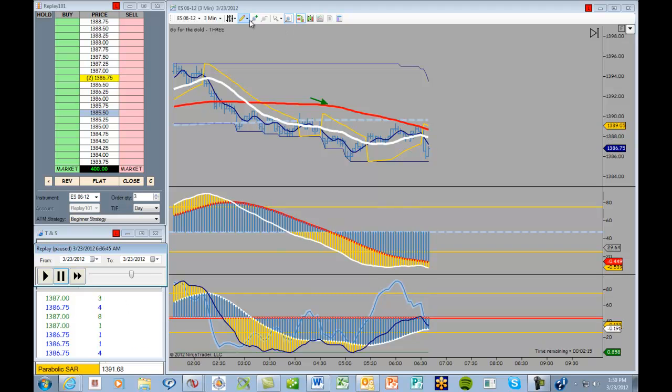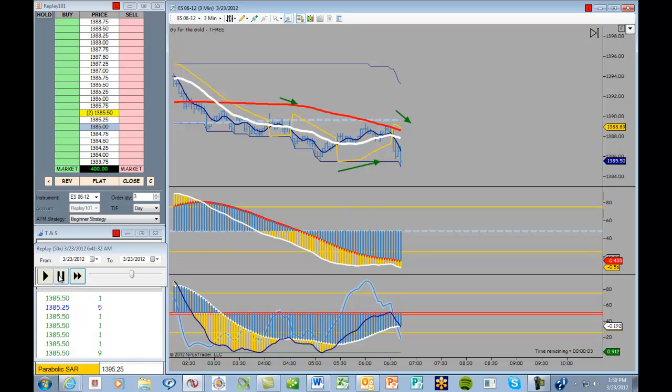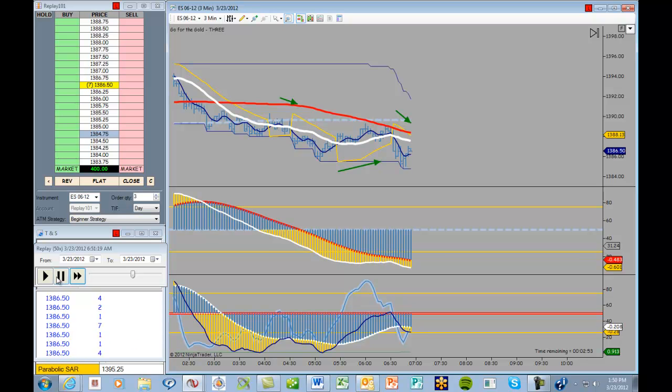Okay, let's pause it here and draw some arrows. Well, it looks like I might want to turn around, but let's go a little further and see.